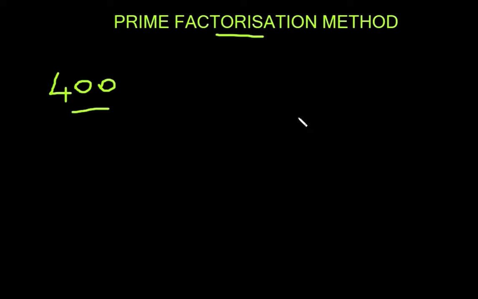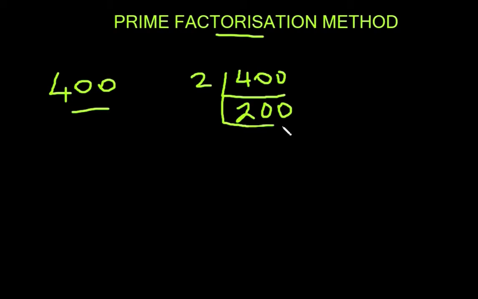It's a general LCM process. Just write 400 and we'll start with 2. 400 divided by 2 is 200. Again, we can use 2. 200 divided by 2 is 100.